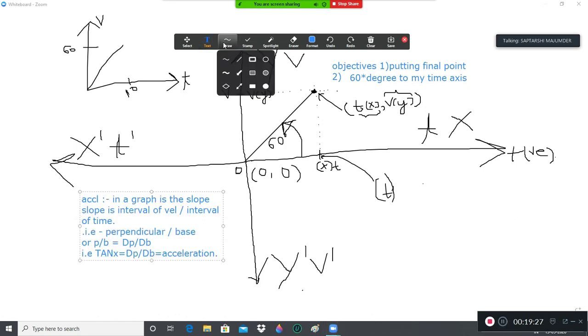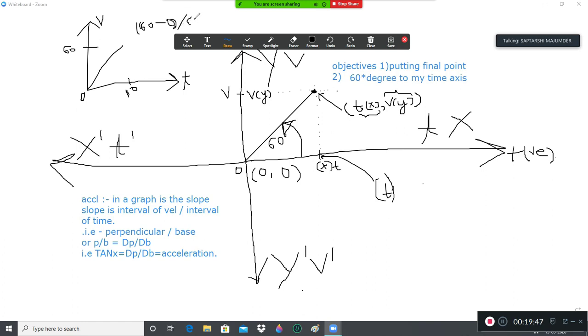So see here, the velocity is 60. If it's 0, then what we used to say, that the acceleration is nothing but change in velocity divided by change in time.